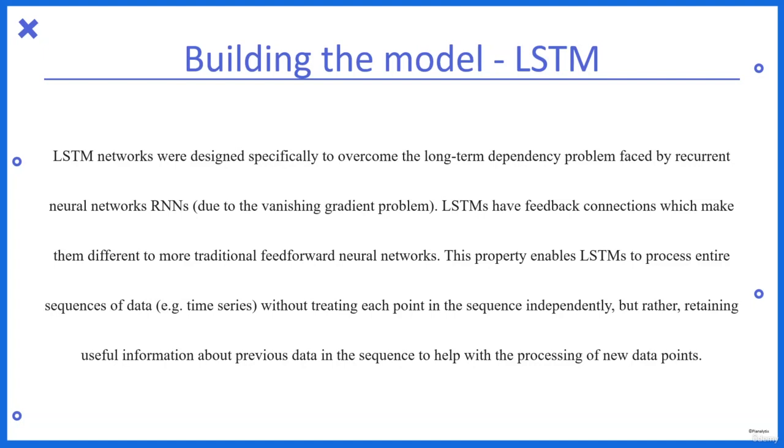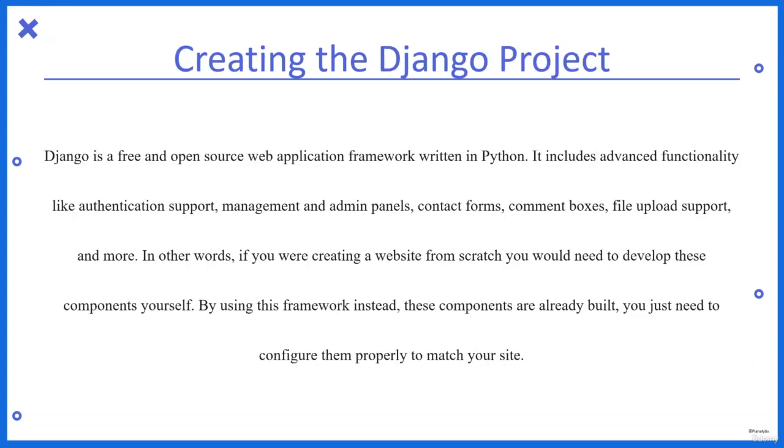This might not have been clear through this, but in later videos I will explain the structure of LSTM and how exactly it is able to retain that information, which RNNs are not able to.